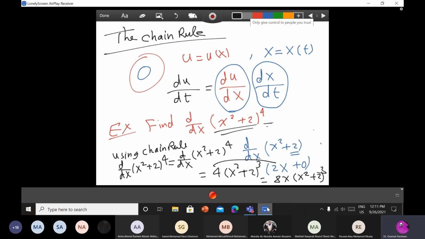Also, sometimes you use this one if you have, say, find du by dt if u equals x squared plus 2x plus 1 and x equals cosine t.